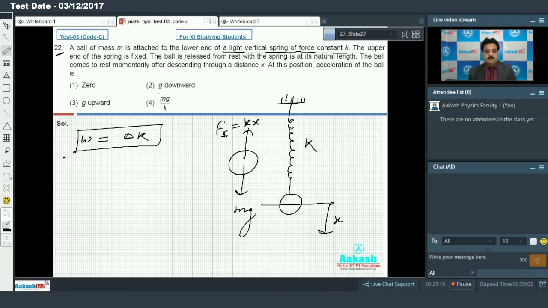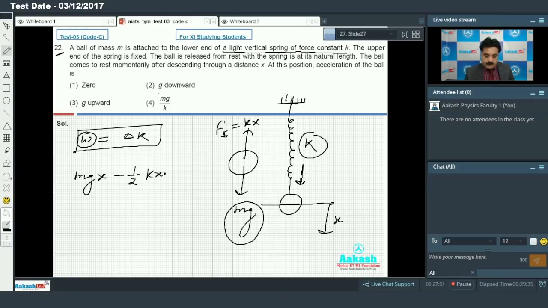So first I will calculate the work done by the weight mg, that is mg into x, and second I need the work done by the spring force because हम लोग देख पा रहे हैं कि जब स्प्रिंग डाउनवर्ड डायरेक्शन में एक्सपेंड होगी ड्यू टू द वेट ऑफ दिस बॉल, then the spring will apply a force opposite to this change. That's why I am going to use the negative sign, half kx square.